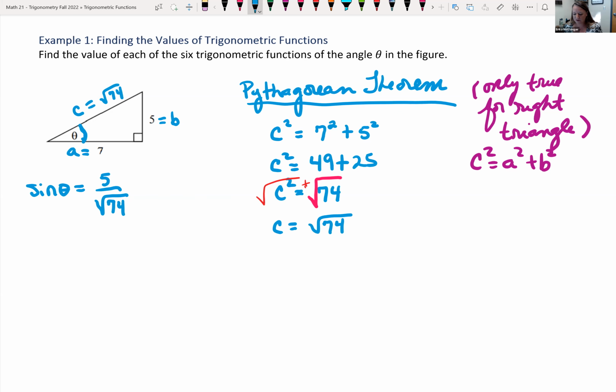If you're left with a radical in the denominator, we can get rid of that by multiplying by a fancy one in this case. And we know that the square root of 74 squared is just going to get rid of that radical and leave us the number underneath, which is called the radicand. So this is equal to 5 square root of 74 all over 74.